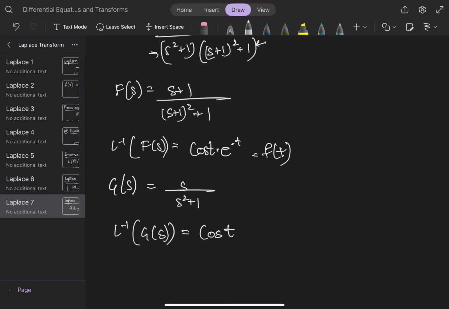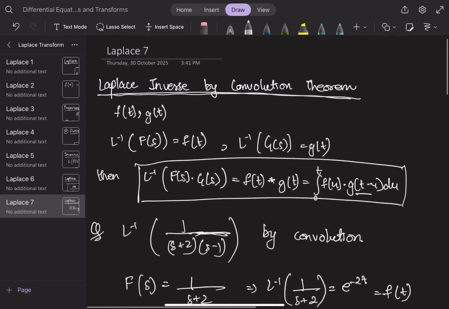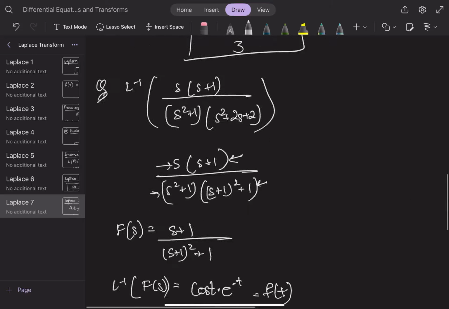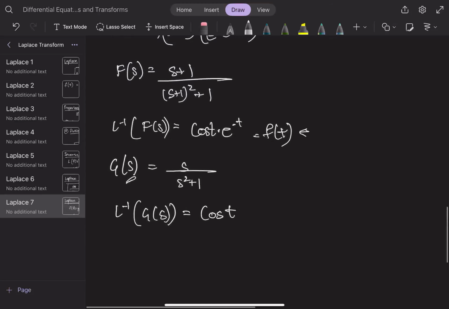Remember guys, when you are doing convolution, your G(s) should be the simpler term, because over here you need to write g of (t minus u). So it will help if this is the simpler term. I have taken this one as the more complicated one and this one as the simpler one.